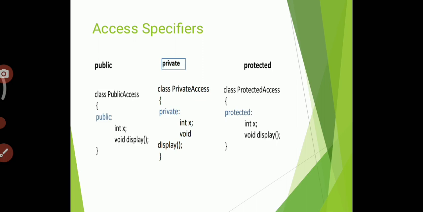Next topic will be access specifier. There are three access specifiers: public, private and protected. Example: class is public access, private class is private access and protected class is protected access.